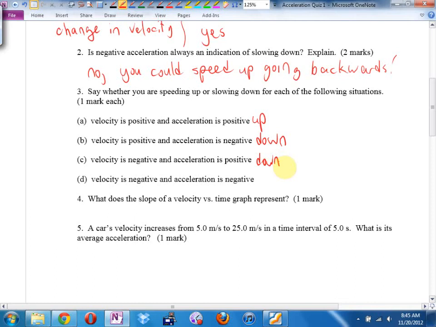There is a way to explain this as speeding up. And if you said speeding up and you want to try and convince me, go ahead. Yeah. Speeding up in the positive direction.